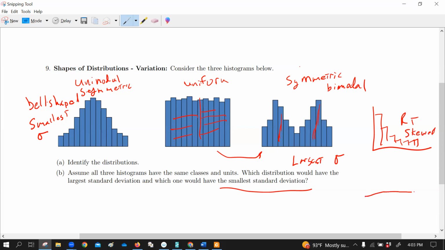And left skeweds look something like this. Right? Tail to the left. They didn't ask us that here. If I had to talk about which, this is going to have a fairly large standard deviation because it's a skewed distribution.